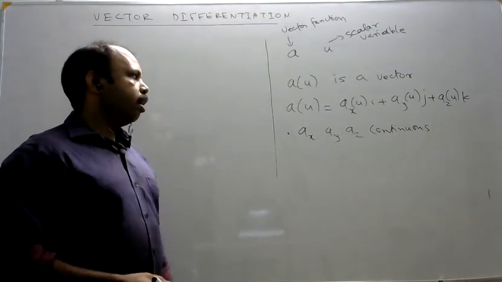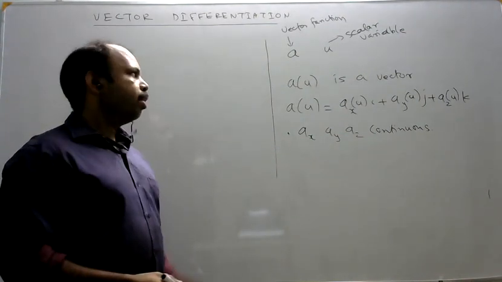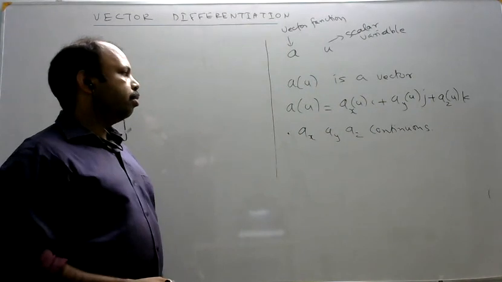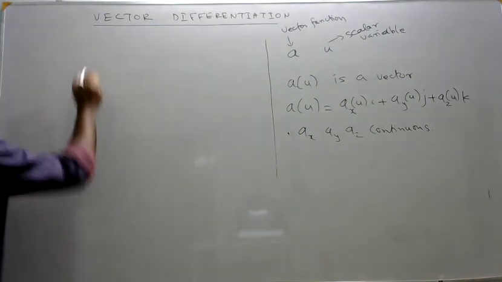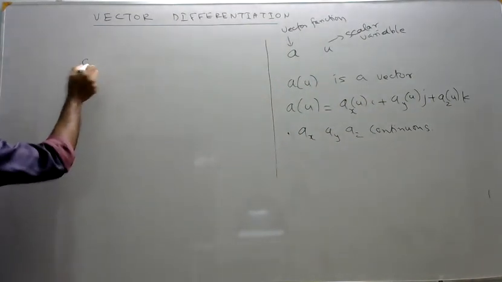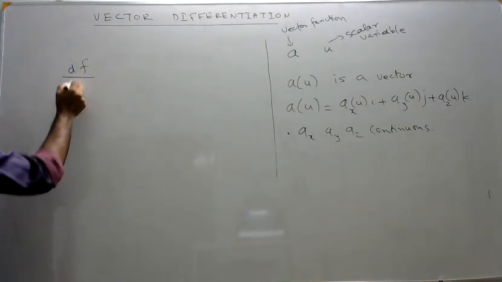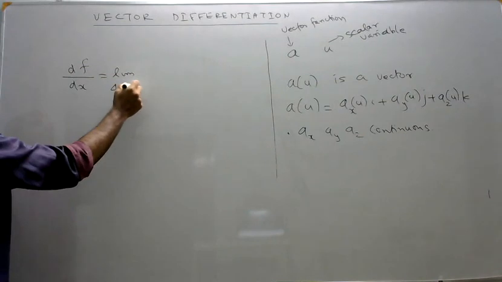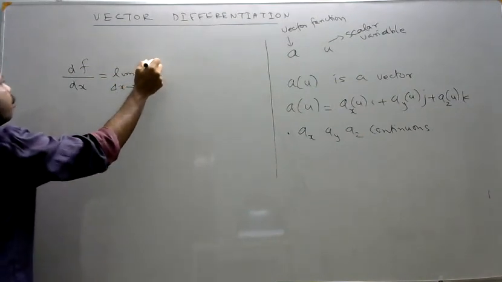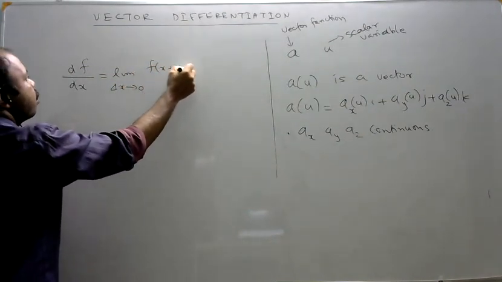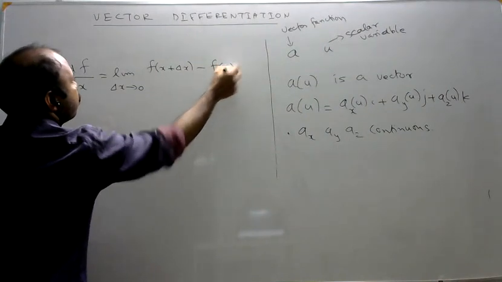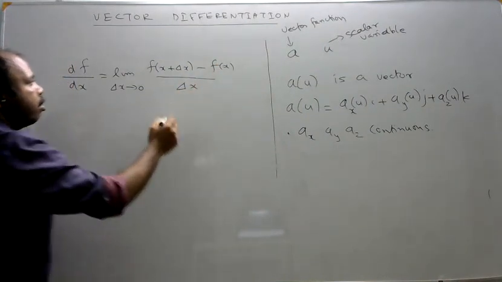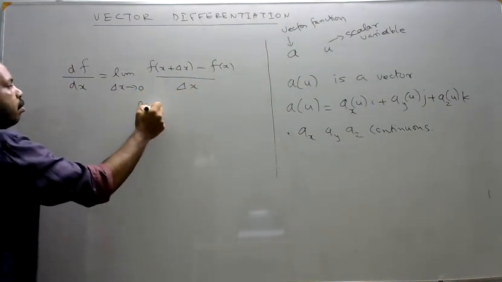Now we define the derivative of A with respect to u. We know that the derivative of f with respect to x, df by dx, is equal to limit delta x tending to 0, f of x plus delta x minus f of x divided by delta x, provided this limit exists.